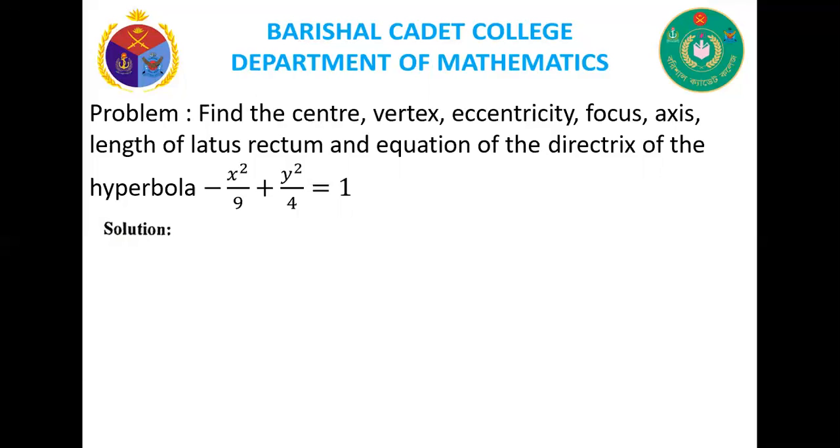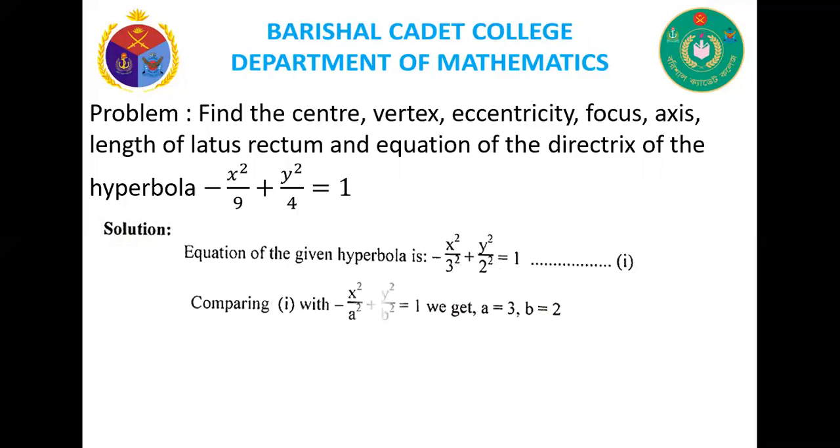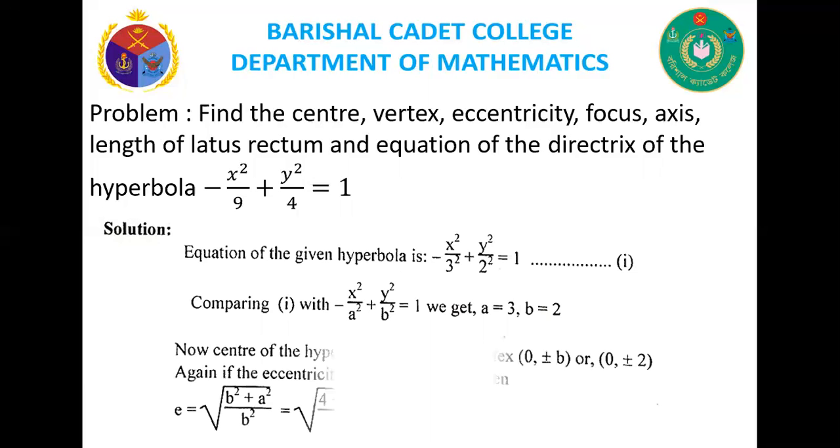So, solution. So start. We are given the equation minus x square divided by 3 square plus y square divided by 2 square equal to 1, and this is equation number 1. Now comparing this equation 1, that is comparing the equation of the hyperbola with the standard form, minus x square divided by a square plus y square divided by b square equal to 1, easily we can get a equal to 3 and b equal to 2.